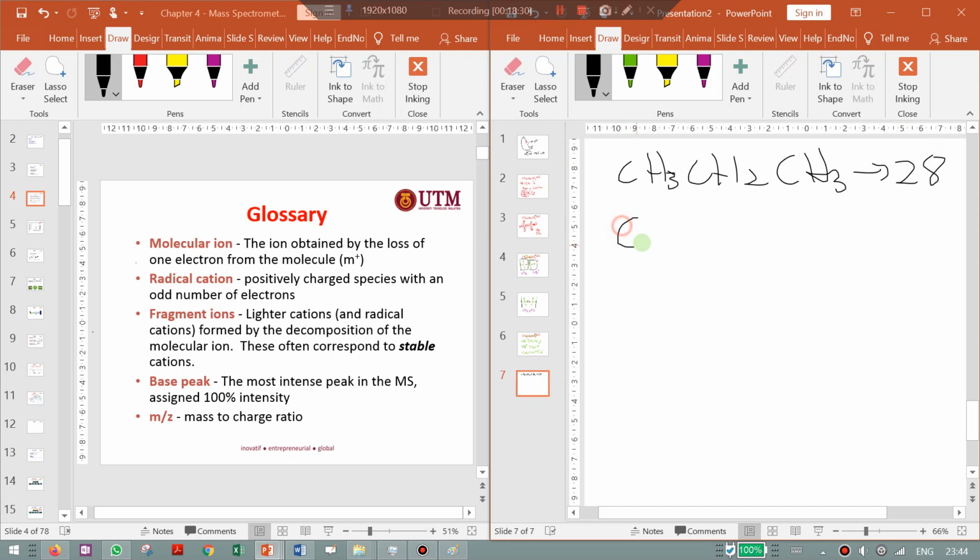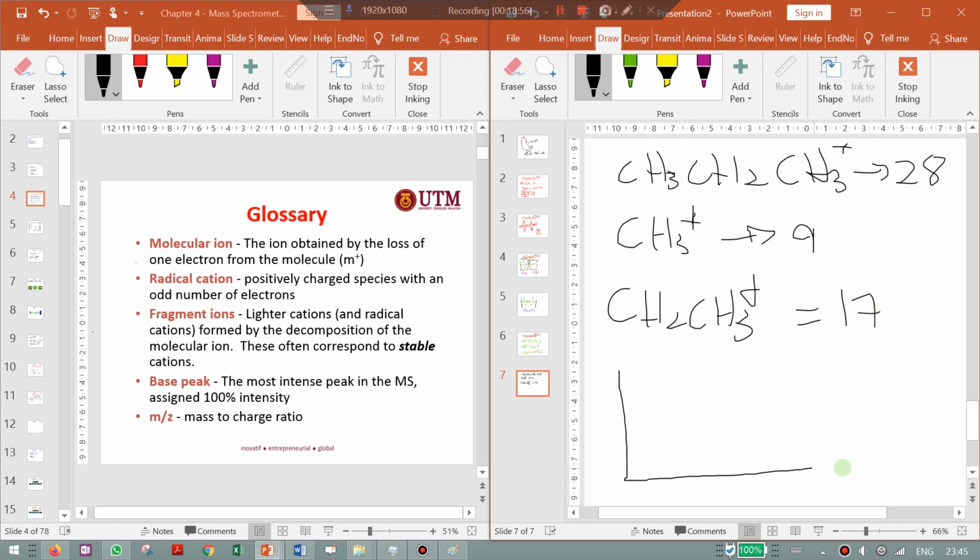We can also have CH3 plus as our molecular ion. 6 plus 3, we have 9. We can also obtain CH2 CH3 plus: 12 plus 5, we have 17.